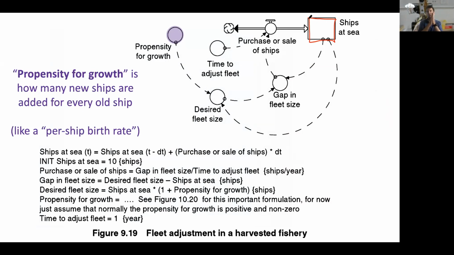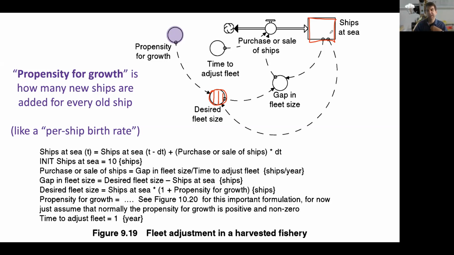And so you can imagine, how are we going to model that? Well, we can think that the ship owners, or maybe the industry owners, have a desired fleet size, which is down here. This desired fleet size is the number of ships that they would like out there. And there is going to be some delay that represents how long it takes to buy these ships, get them ready to deploy, and then deploy them.